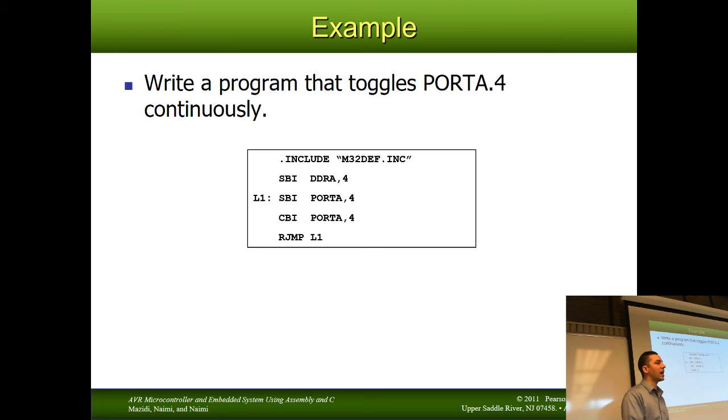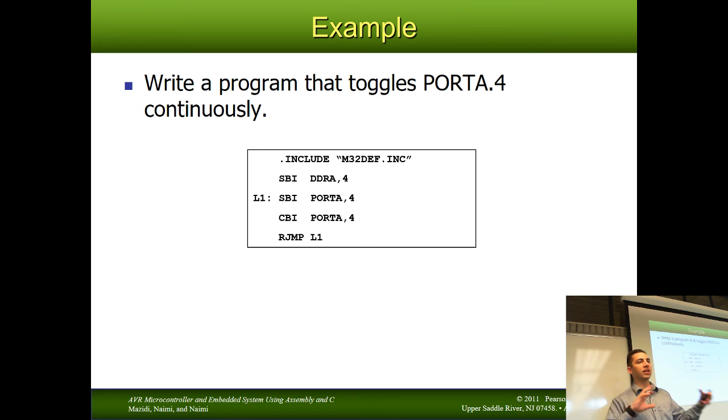There's a problem with that, though. What if before this code ran, all of the other pins on port A were declared as outputs as well? What if DDRA had FF in it? In my attempt to turn that one pin into an output, I've now turned all the others into inputs.